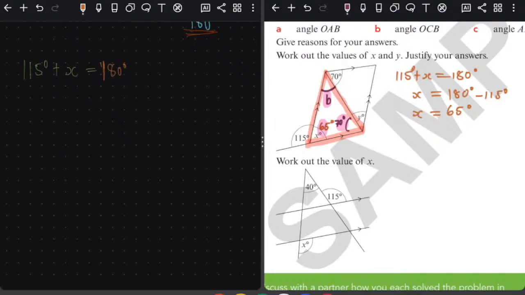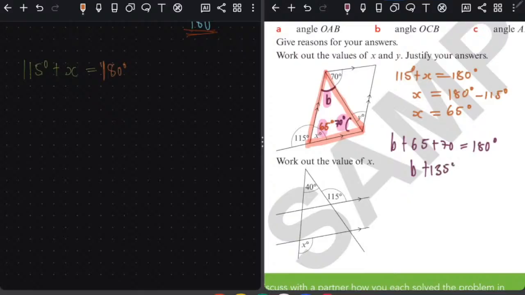So let's find it. We will now say B plus 65 plus 70 gives you 180 degrees, because it's in a triangle. It's true. Angles in a triangle give you 180. So B will now be what? 65 plus 70? 135.